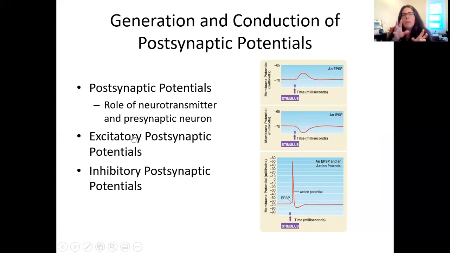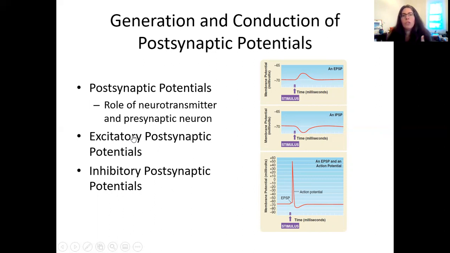Again, the site of receiving information is the dendrites. So neurotransmitters attach to dendrites and they influence the charge within the cell. You could also influence the charge within the cell by using an electrode and sending some stimulation.